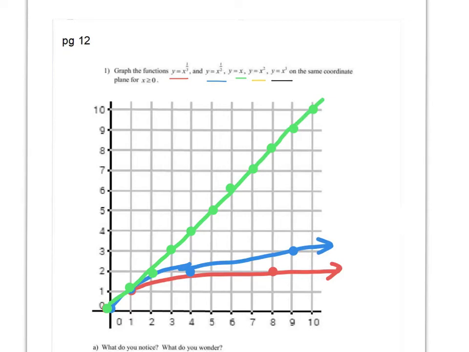And then x squared, 0 squared is 0, 1 squared is 1, 2 squared is 4, 3 squared is 9. So now we're increasing much more quickly.